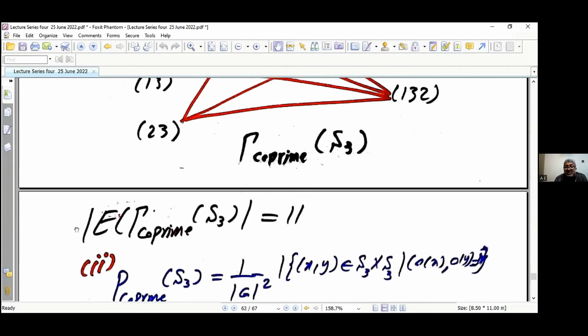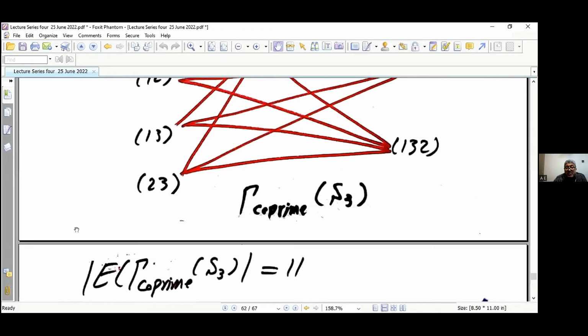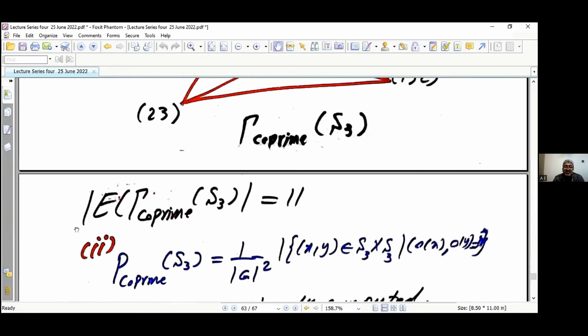The number of edges is 11. So you can just count the number of edges. So we have 11 edges for the coprime graph. Now, how about the coprime degree?